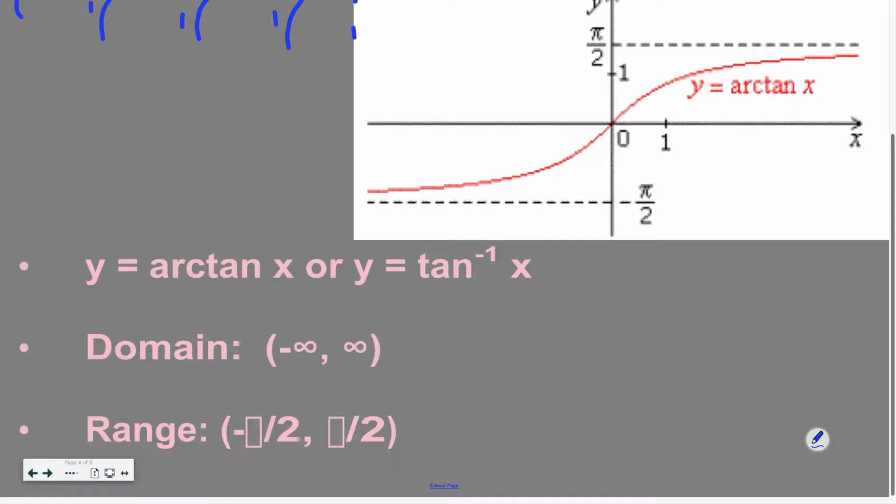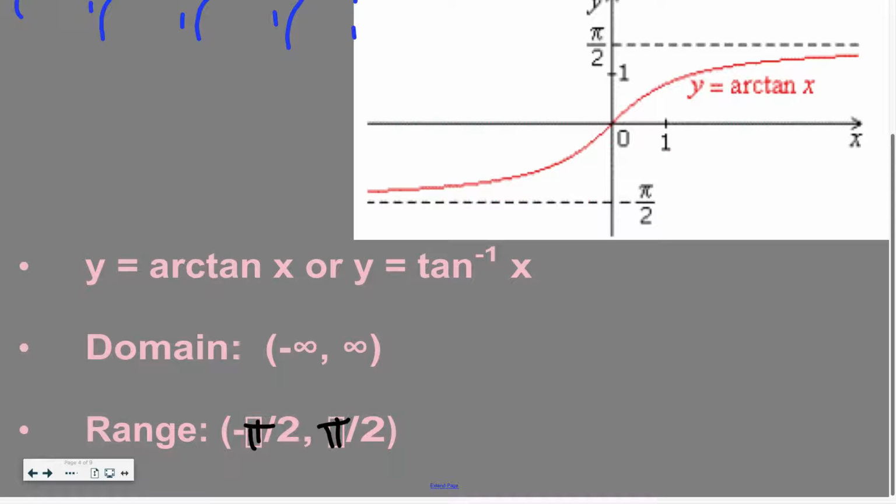The inverse tangent does have a domain of all real numbers, which is nice. We can plug anything into inverse tangent, but its range is, I'm going to say, similar to inverse sine.